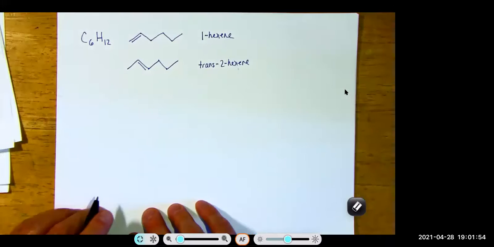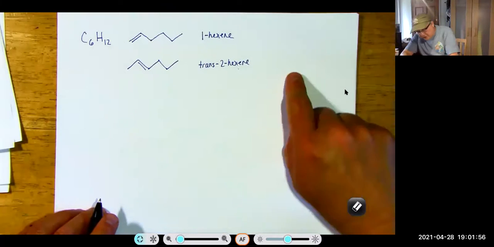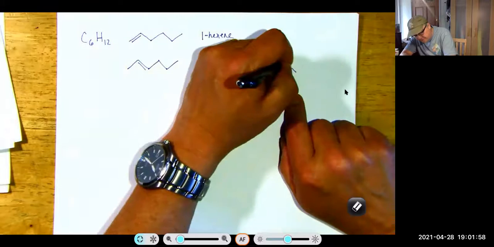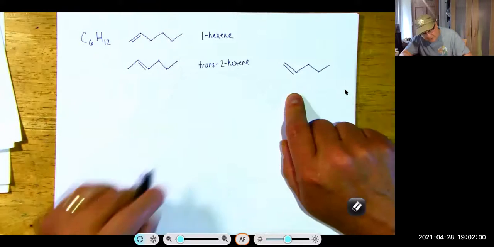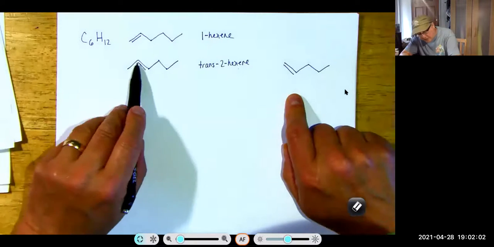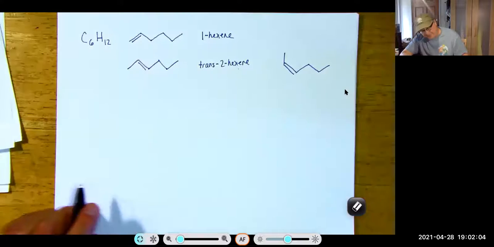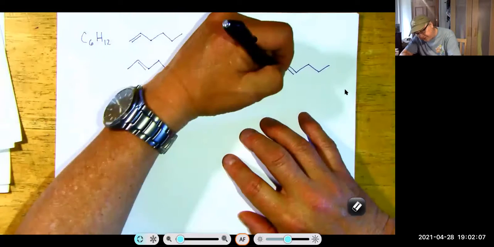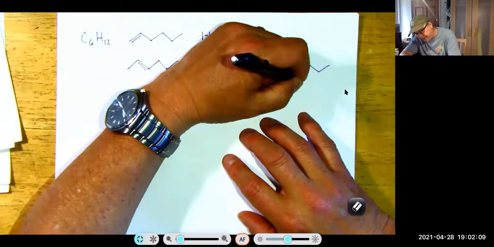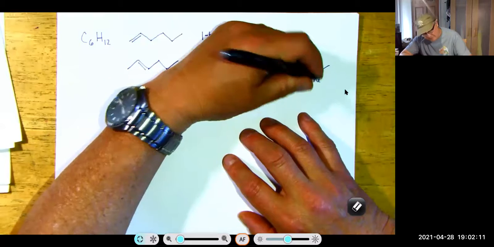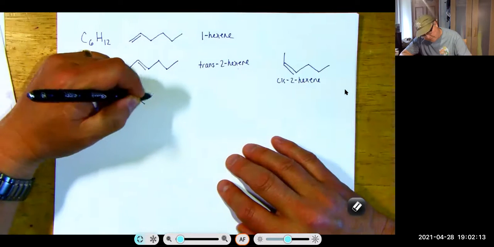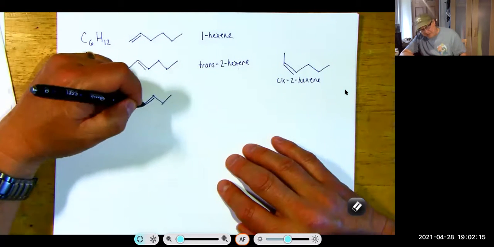And now we need to come up with the cis one. So let's draw the cis over here. If I draw this so it looks like a triangle, this would be the cis 2-hexene. Okay, how about that one? What's that one called?